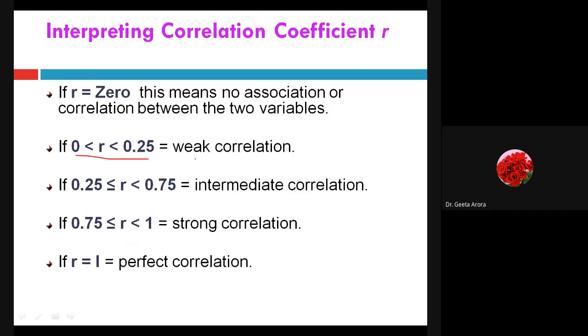From 0 to 0.25, it's weak correlation, either positive or negative. 0.25 to 0.75 is intermediate, and 0.75 to 1 is strong. Where R is 1, it is perfect. And the same thing holds for the negative side also. Correct.